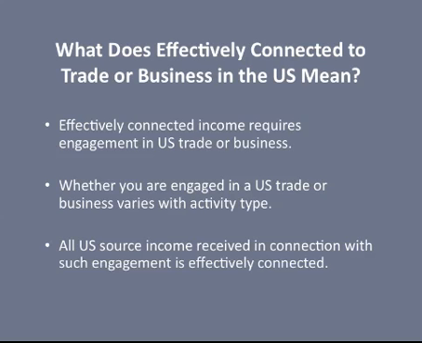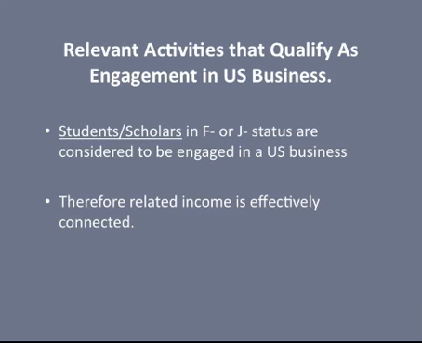U.S. source income received in connection with the engagement in a U.S. trade or business is effectively connected income. Really, all you need to know is that students and scholars in F&J status engaging in related activities are engaged in a U.S. trade or business, and therefore related income is effectively connected income.